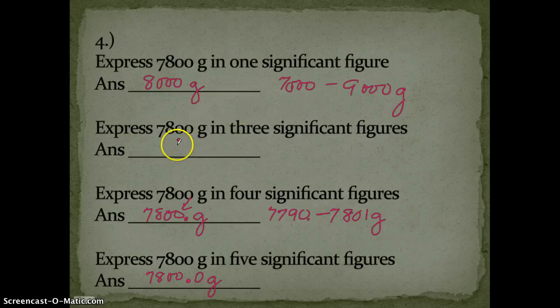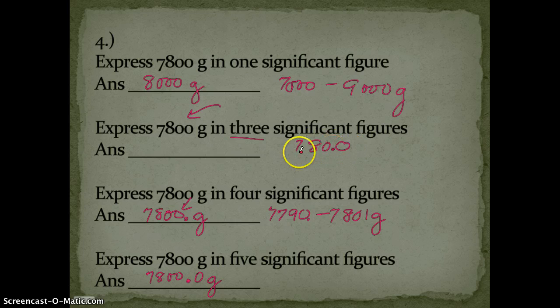So that leaves us with this second one, 3 significant figures. The only way that you can do this is by putting 7,800 into scientific notation. You cannot say 780. That's not anywhere near 7,800. You cannot put a decimal here either.